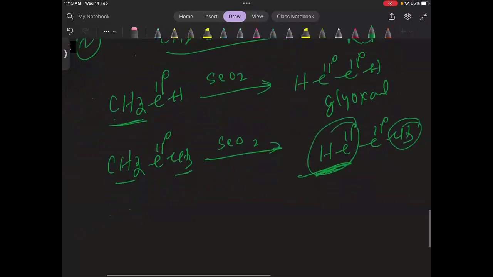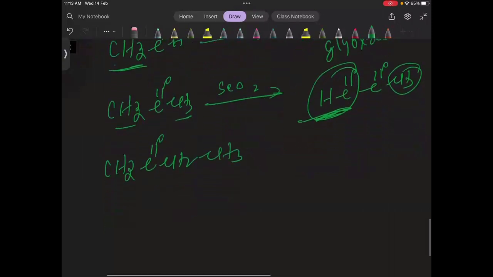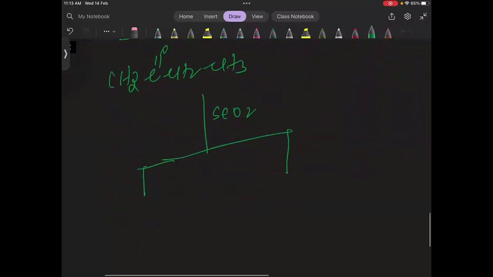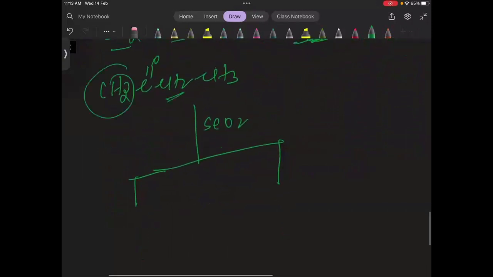Okay, now next, one more compound. If we take CH3 C double bond O CH2 CH3, in this compound I have taken the methyl and methylene groups both. Here we have taken selenium dioxide. Two things will happen, students. One is at the methyl group and second is at the methylene group.